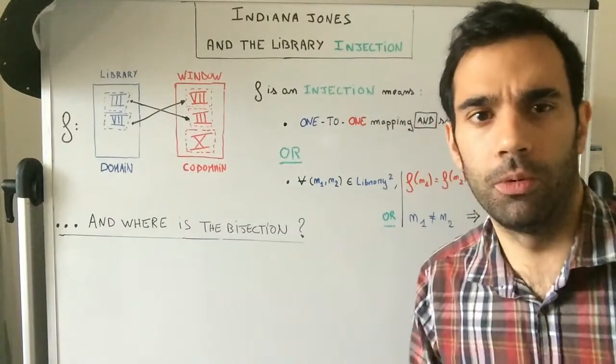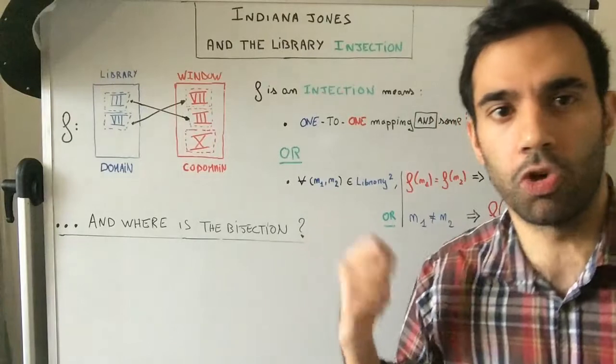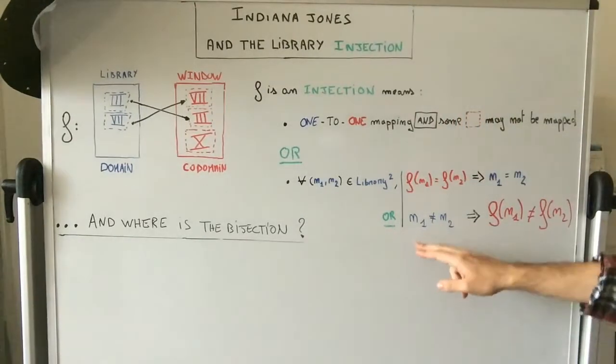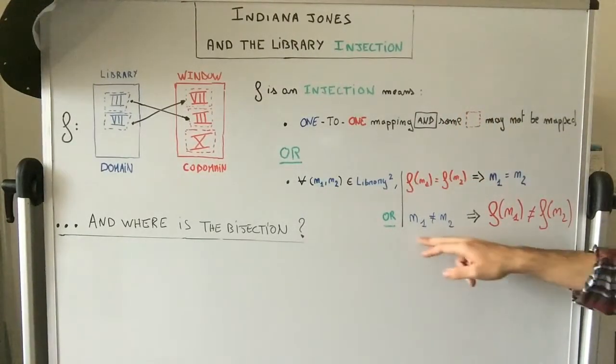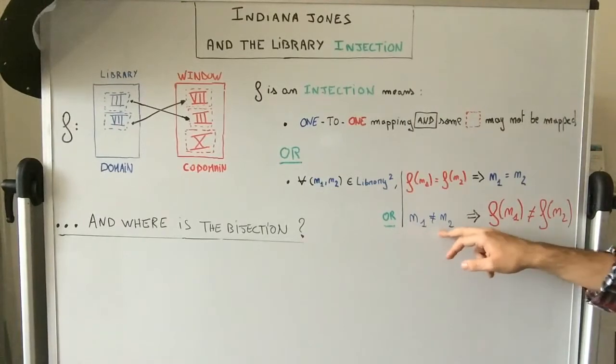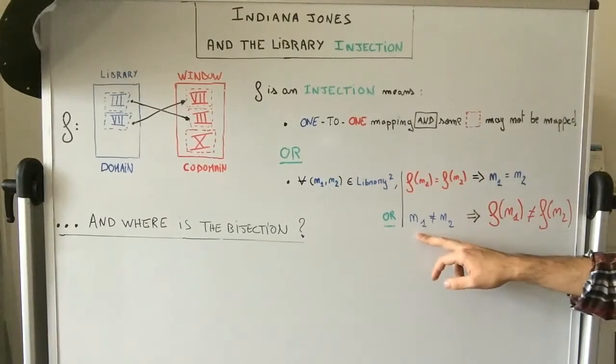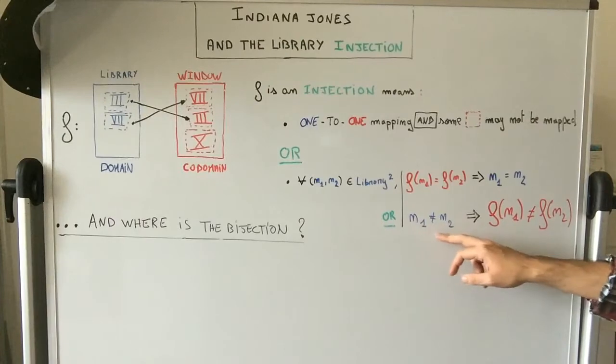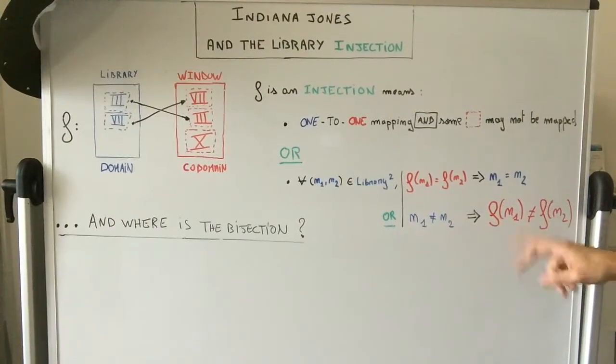So very often when we talk about injections, we use the contrapositive, which is this guy. That one is way more used. If I take two different numbers in the library, then I get 2 different images on the window.